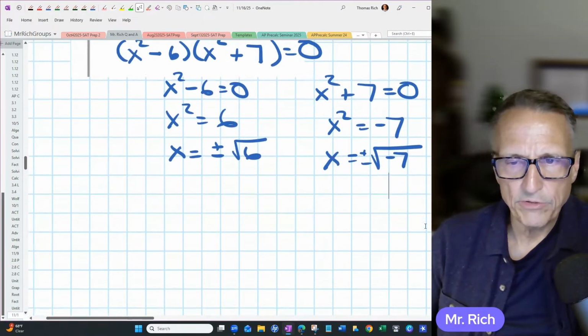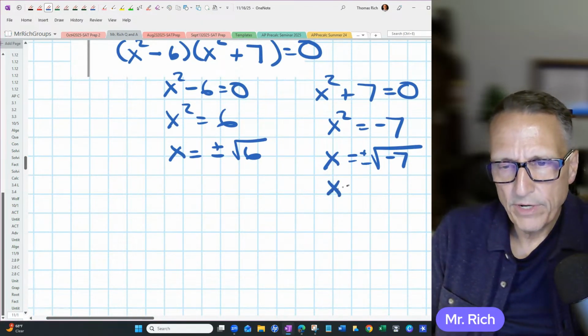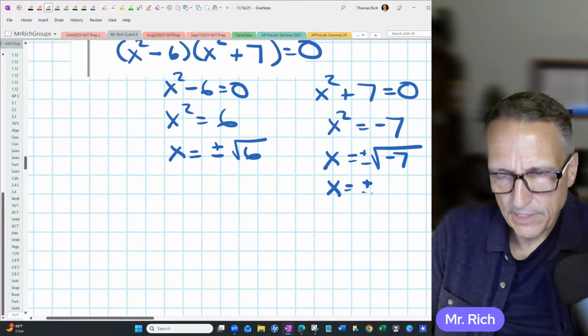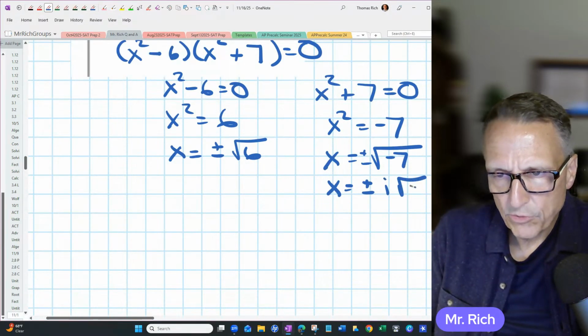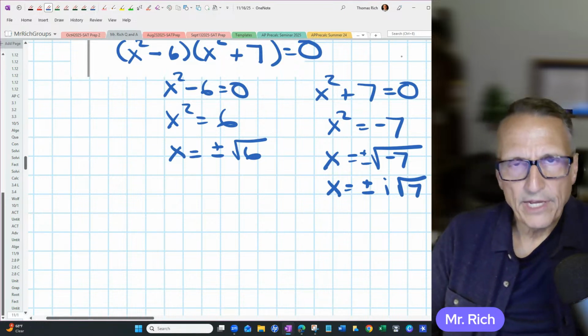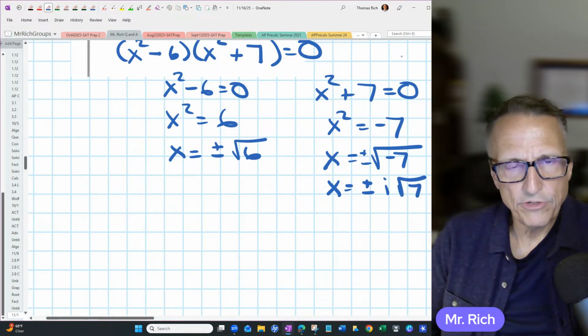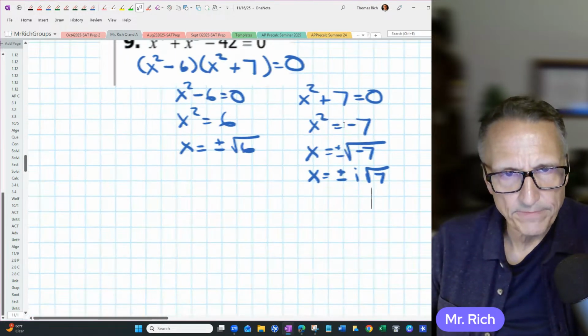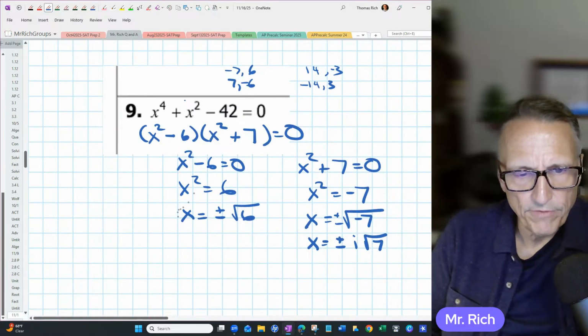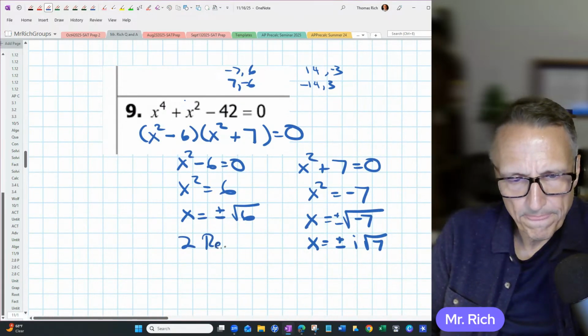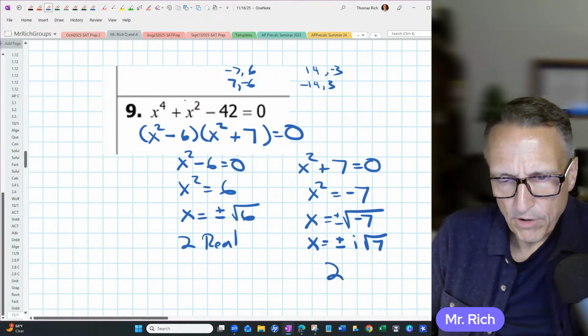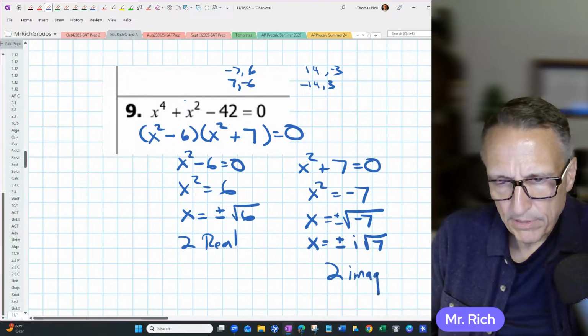So that's going to be rewritten as x is equal to plus or minus i times the square root of 7. So we get a total of 4 answers to the original equation, but 2 of them are real and 2 of them are imaginary or complex.